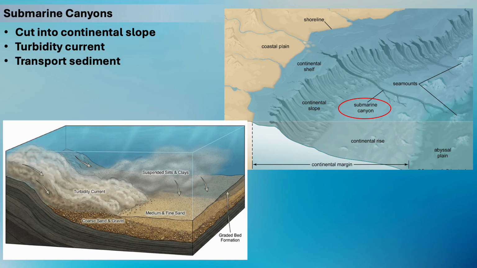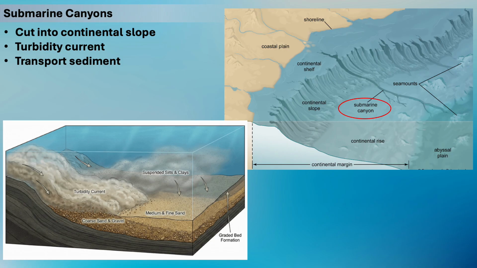A turbidity current occurs when sediment on the continental shelf or slope becomes unstable and begins to flow downslope under the force of gravity. These flows are made up of a mixture of water and suspended sediment. Because the sediment makes the mixture denser than the surrounding seawater, the flow accelerates as it moves downhill along the seafloor.